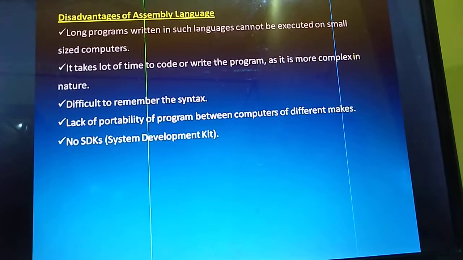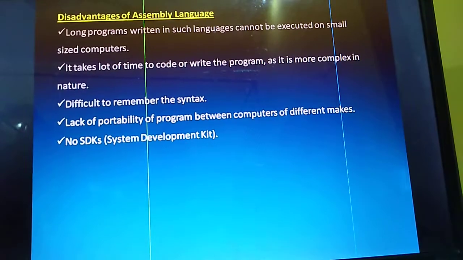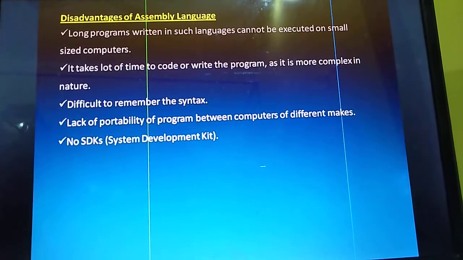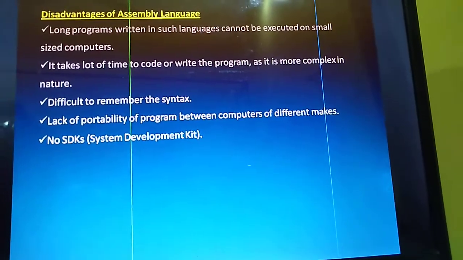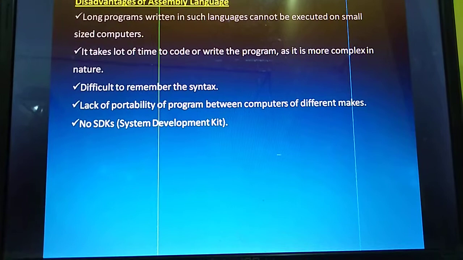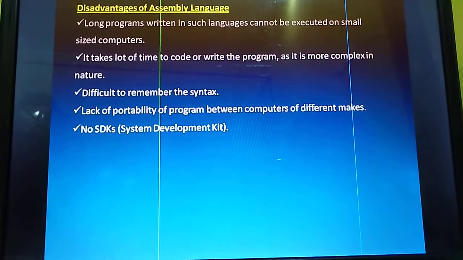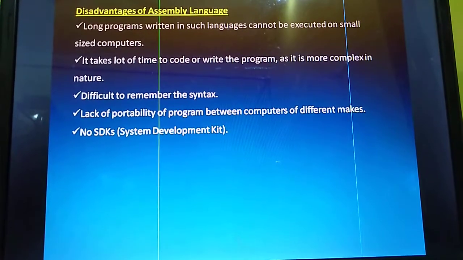More complex in nature means that you are bound to remember the specific command for a specific task. Further, I am going to show you some tables of assembly language instructions I have prepared, and from those it will be more clear. It is also very difficult to remember the syntax.